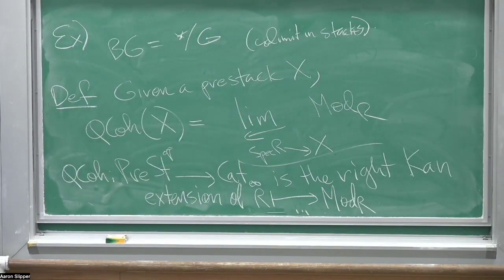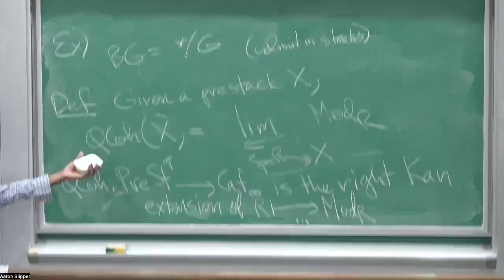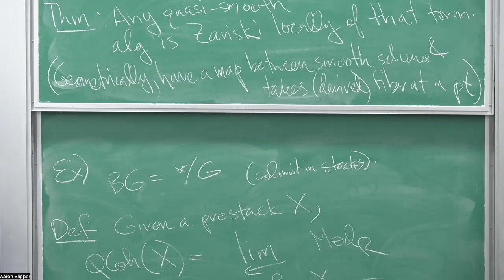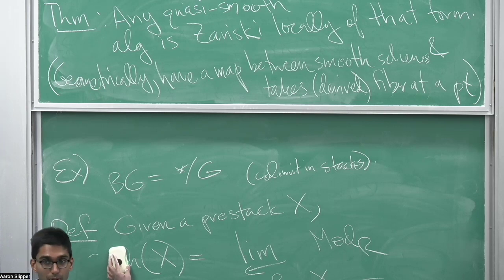Does open immersion just mean the underlying map on classical schemes is an open immersion? Yes, and then it's also flat in the appropriate sense. You have a notion of an open immersion of animated rings: it's an open immersion on underlying classical rings, and then it's flat.